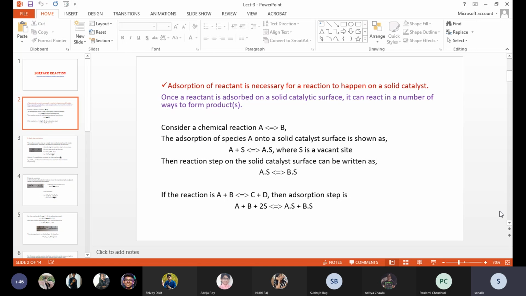So, adsorption of reactant is necessary for a reaction to happen on a solid catalyst. Once a reactant is adsorbed on a solid catalytic surface, it can react in a number of ways to form products. So, there may be different adsorption processes and different ways for reaction. We will discuss that today.